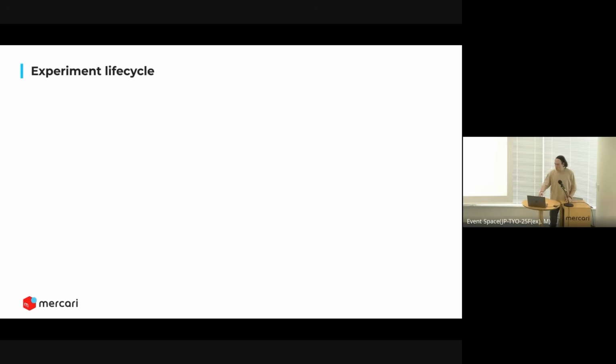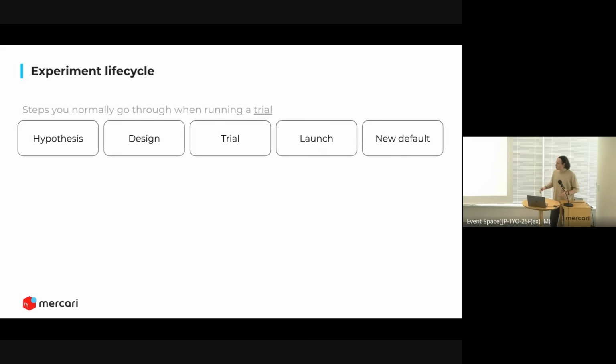When you deal with experiments, there are usually steps that you go through, and Rommel touched on this already. You start usually with a hypothesis. You have an idea that you want to check, or maybe an idea of how you want to change your application in hope that it will be easier to use by your customers. So it all starts with an idea.